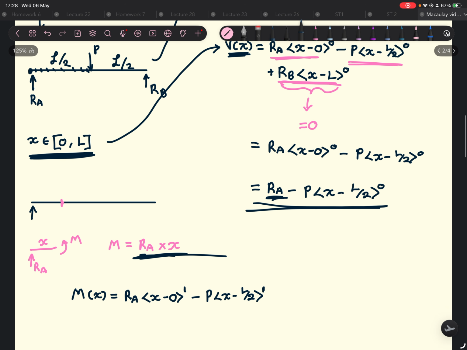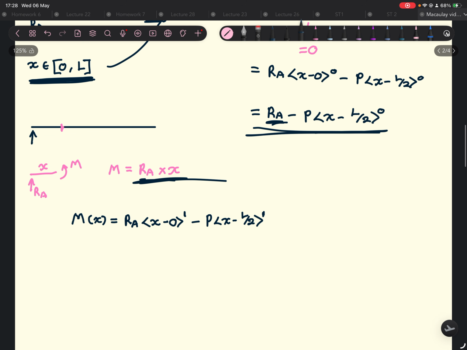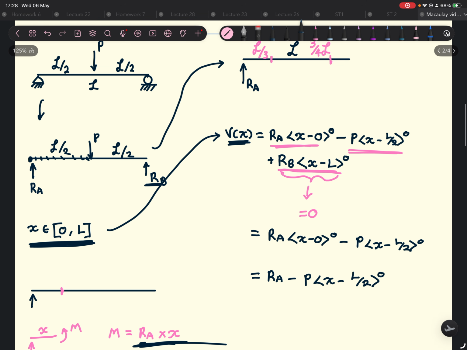And then RB, if you think back to what I explained for the shear force and how RB is 0 at a length L, or rather the Macaulay bracket is 0 at L. To explain it for the moment, you won't have any distance to multiply with once you get to this point.